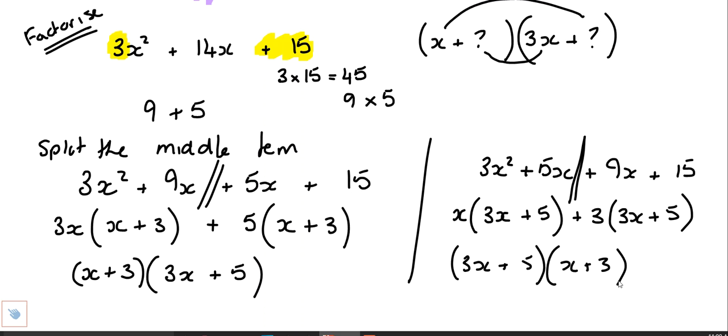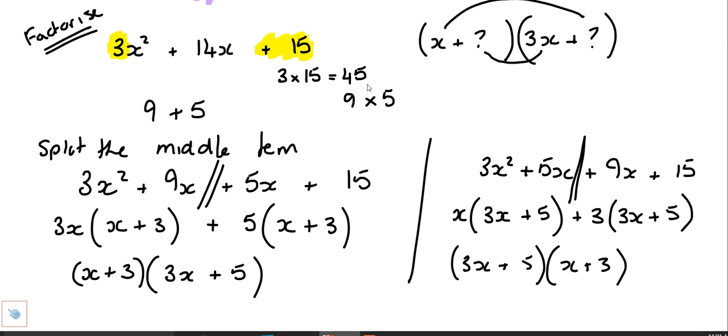How did you get rid of the 14 in the middle? I didn't get rid of it, I split it, 9 plus 5. To be able to split the middle term, Alan, I did 3 times 15 gives me 45.